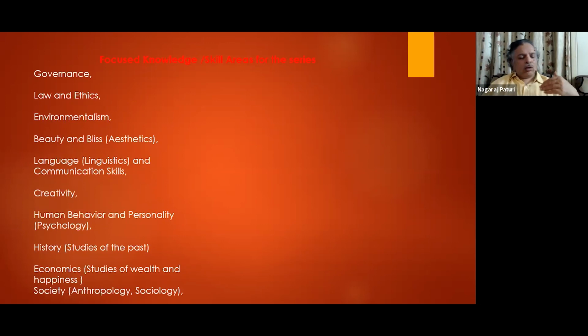And before I come to the concluding part of what I want to say today, another wall of compartmentalization that we are breaking in this kind of new knowledge area building or academic disciplinary building is the difference between the skill and the knowledge area.